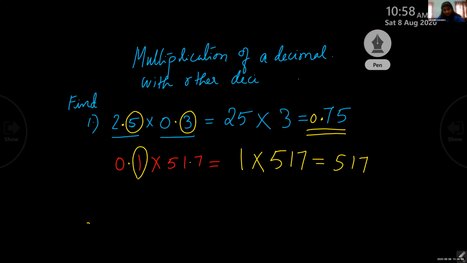After the decimal point, how many places are there? 1. So 1 plus 1, 2 decimal places should be there in the answer. So where we'll put the point? 5.17. See, 2 places are there after the decimal point. So this is the way you have to find out the answer. Now next question.